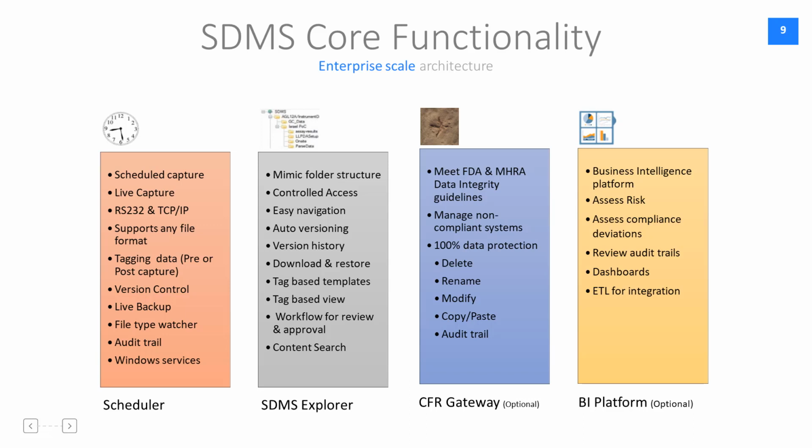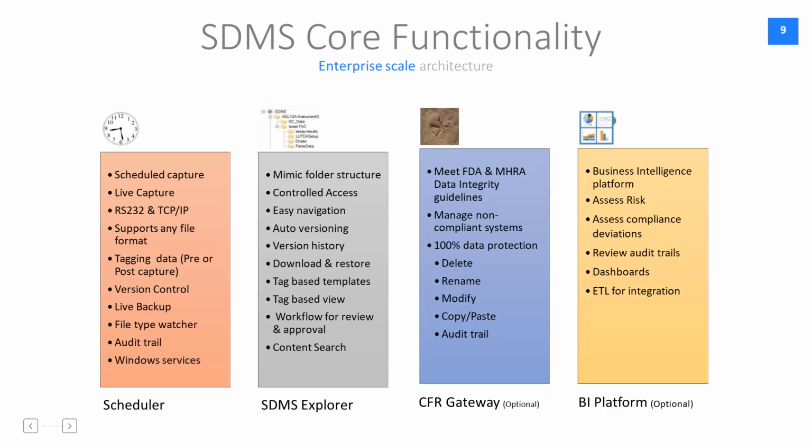That means if data has been generated and the same data is opened again with the original software, and you do some small modifications that modify the original data, then Logilab SDMS understands that this is a new version of the previous file and it will automatically version control and generate a new version of the old file.